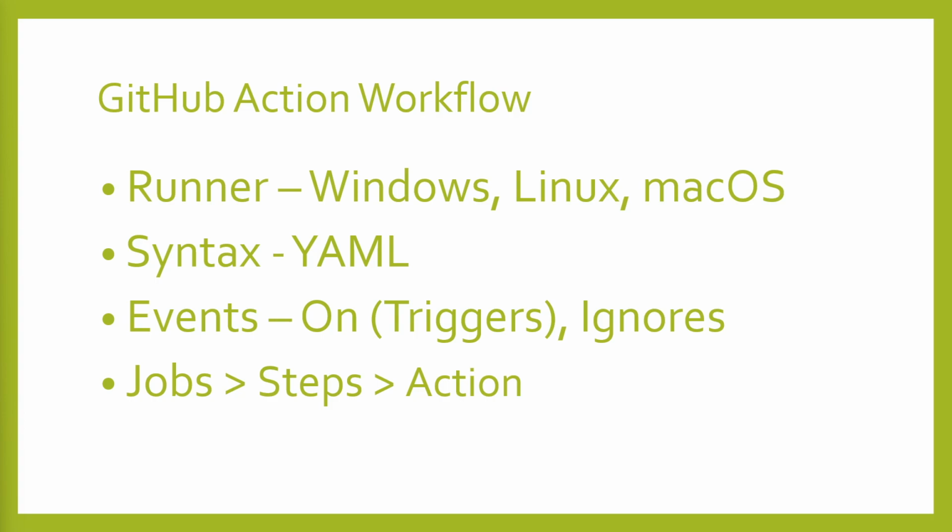Obviously, in some cases, we might want to ignore triggering a GitHub Action workflow. For example, you might want to ignore changes when you're just modifying your Readme file. So there's also that ignore syntax that we can use.